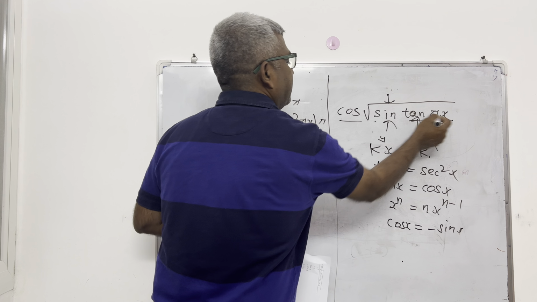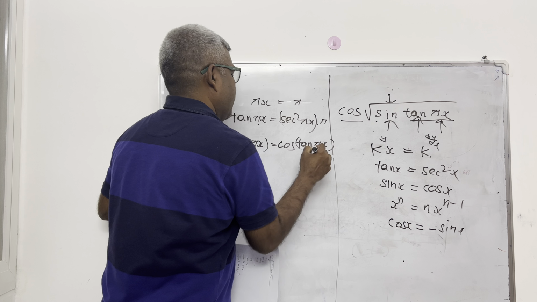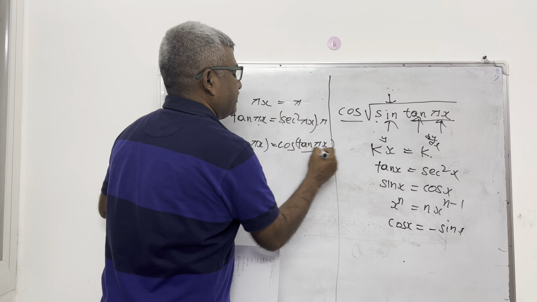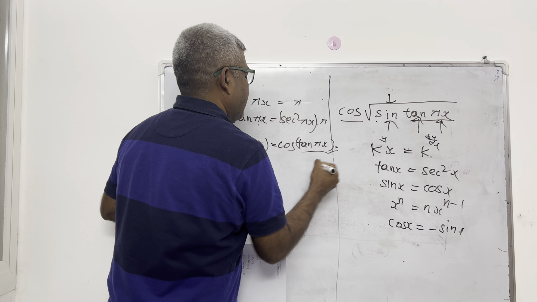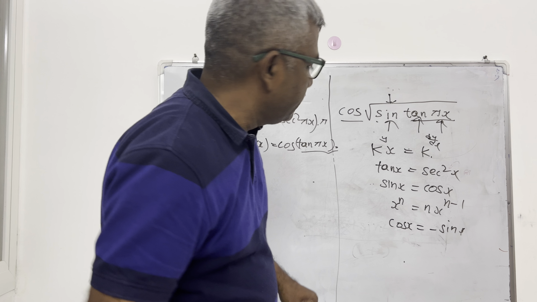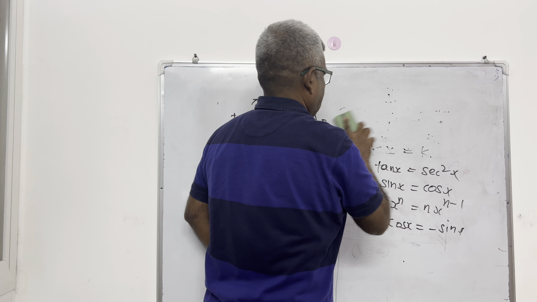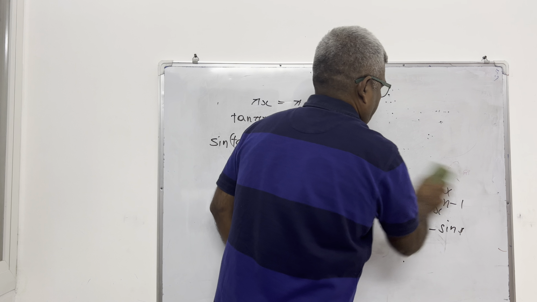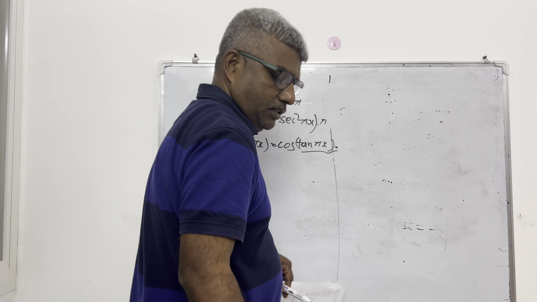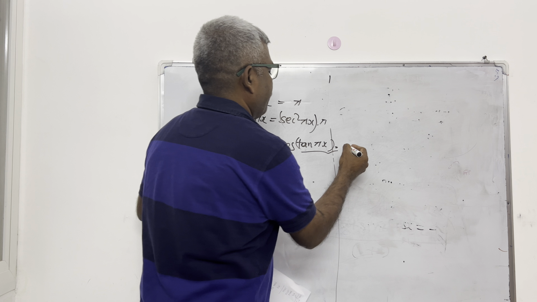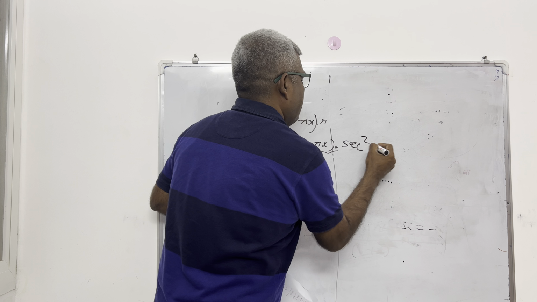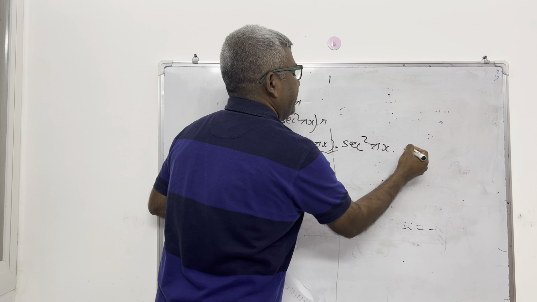Cos x. Instead of x, we are going to put tan pi x. Cos tan pi x. Then this tan x we are differentiating, secant square pi x. Then pi x we are differentiating, pi.